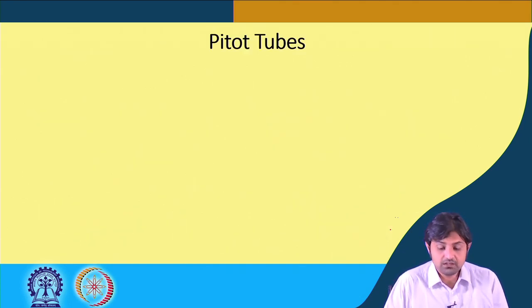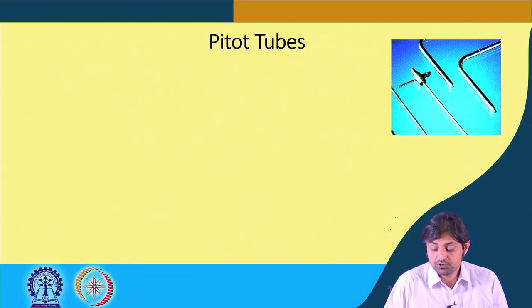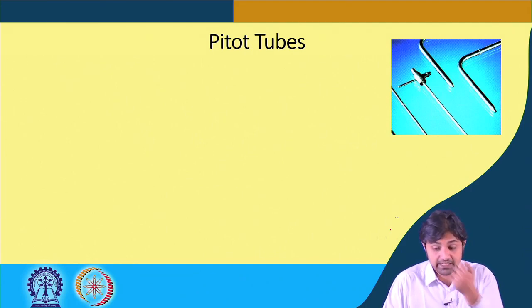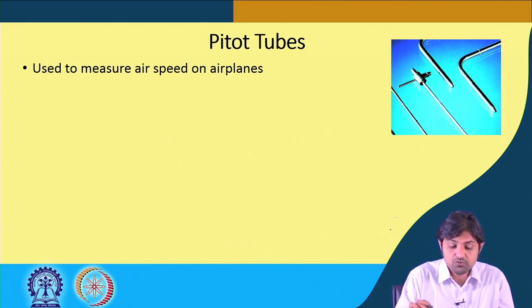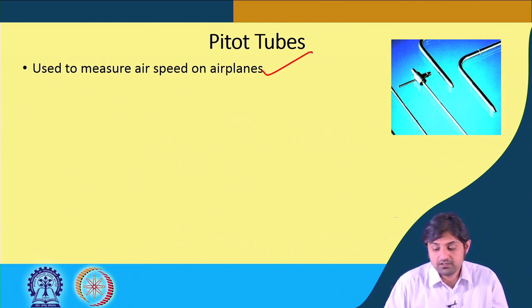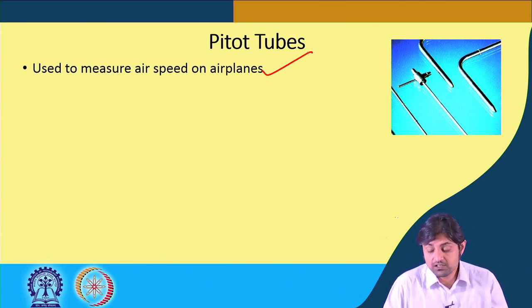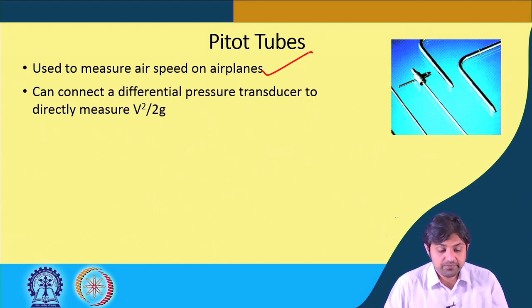Now, there is another thing, pitot tubes, which are used to measure flow velocities in an aeroplane as well. So, this is how a pitot tube looks. It is used to measure airspeed on aeroplanes. It's a very old technique, but still very successfully used for measuring the airspeed on an airplane.